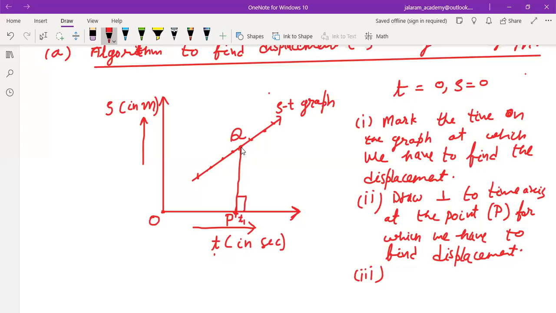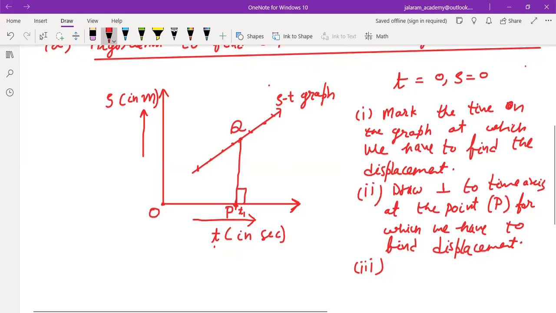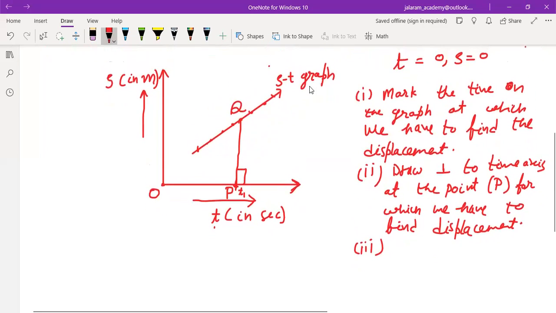So the third step: mark the point on the ST graph where the perpendicular from P to the time axis intersects the ST graph. This is the third step of our move towards finding the displacement using the displacement time graph.